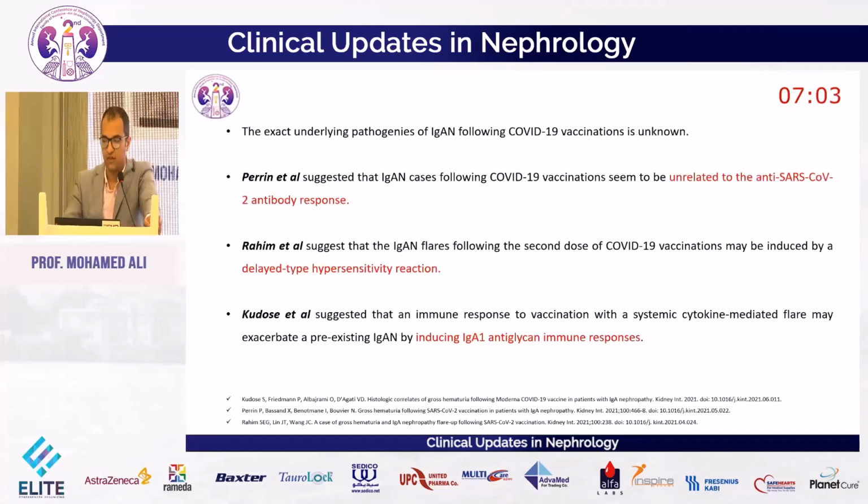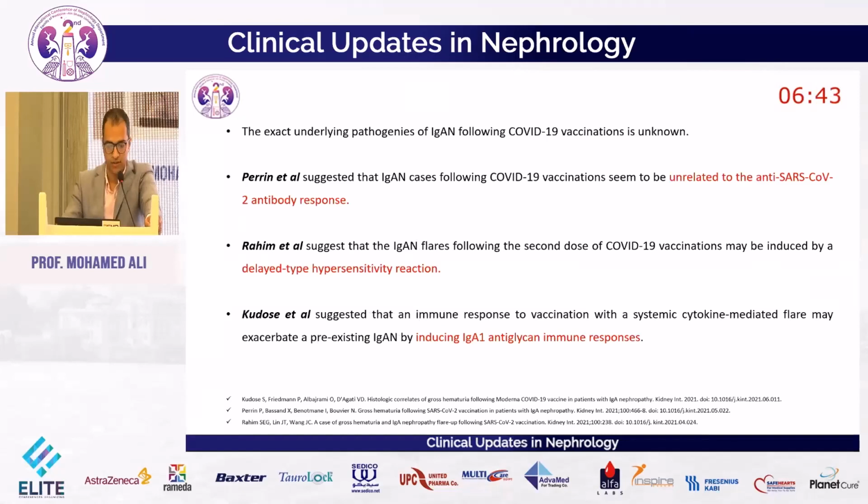Baring et al. suggest that the IgA cases following COVID-19 vaccination seem to be unrelated to the anti-SARS-CoV-2 antibody response. Rahim et al. suggested that the IgA nephropathy flare following the second dose of COVID-19 vaccination may be induced by a delayed-type hypersensitivity reaction.